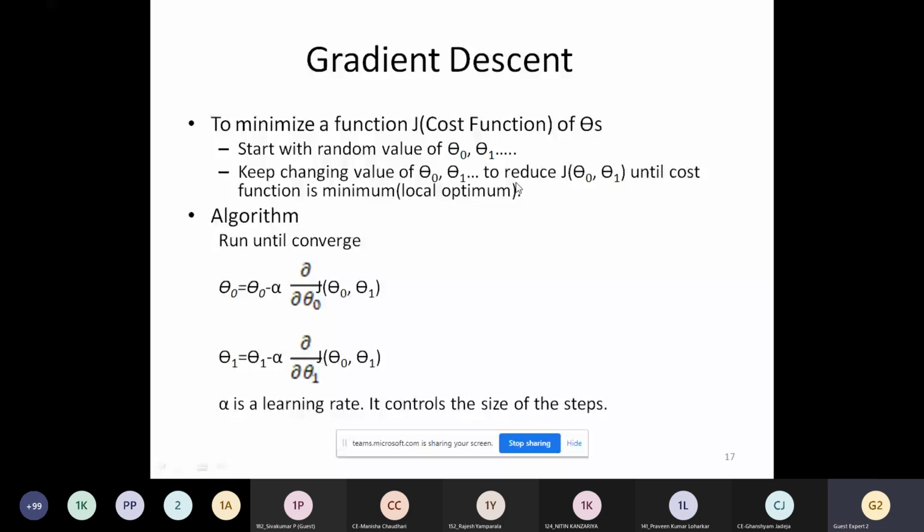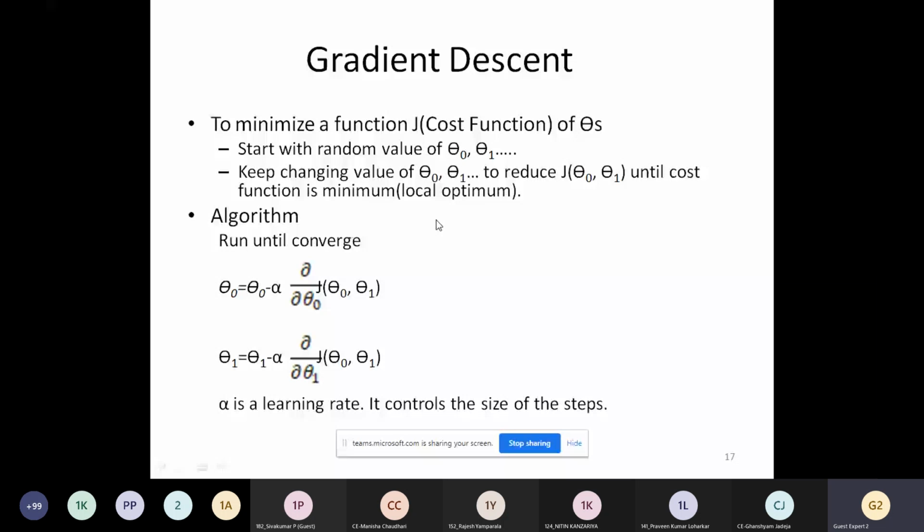The values of theta 0 and theta 1 will change in such a way that after each iteration the value of cost is reduced. We'll repeat this step until we find the local optimum, meaning the lowest cost value. So how can we change the values of theta 0 and theta 1 with gradient descent?